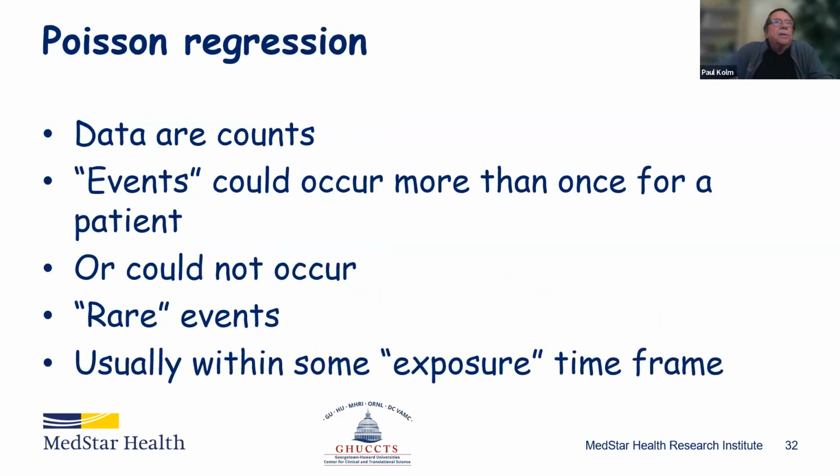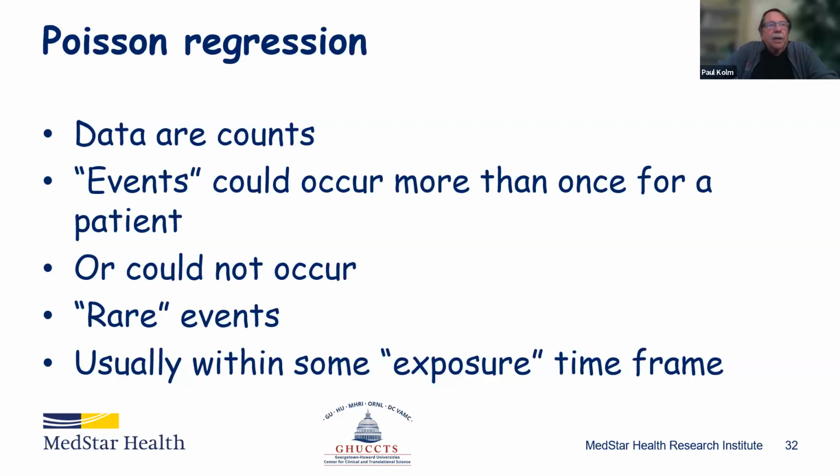So to do this, we're going to use the Poisson regression or the Poisson distribution. And so the idea here is that the events that we're talking about obviously could occur more than once in a patient. So maybe they have more than one infection over the course of their stay in the ICU or in the hospital, or maybe they don't have any.